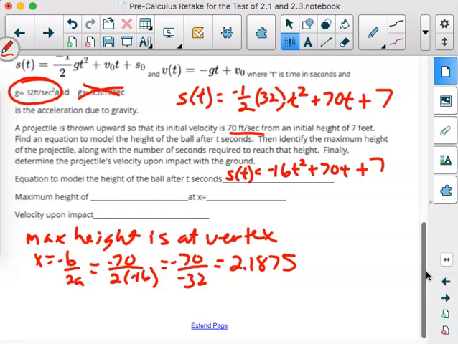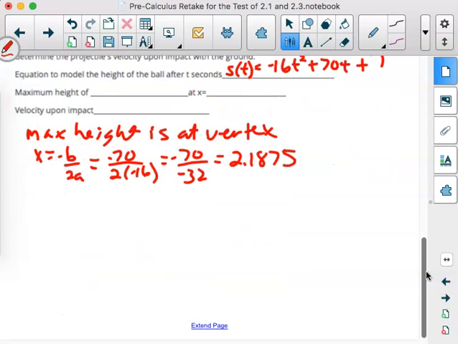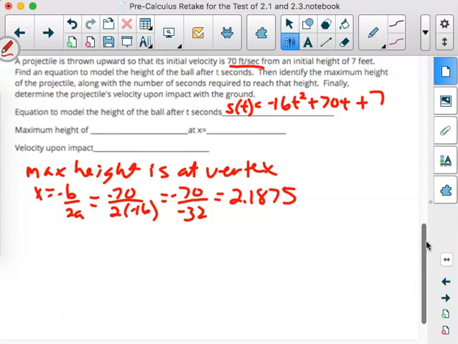And I'm not going to round that because I don't want a rounding error. I want the exact answers when I get to the point where I'm answering those little spaces in there. So I know I have to put this answer back into the formula. And if I round it right now, I'm going to have a worse rounding error when I get done because I have to take 2.1875 and put that back into the equation.